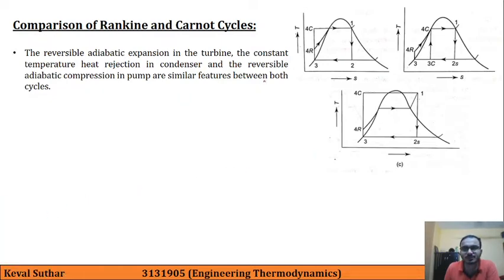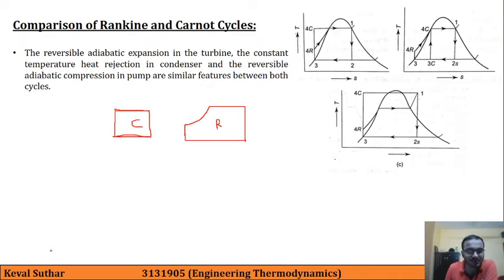The basic difference that you can see in this TS diagram is that for the Carnot cycle it will be a kind of rectangle, and in case of the Rankine cycle it will be like this. This will be for Carnot and this will be for Rankine. Now we will see their differences one by one in detail.